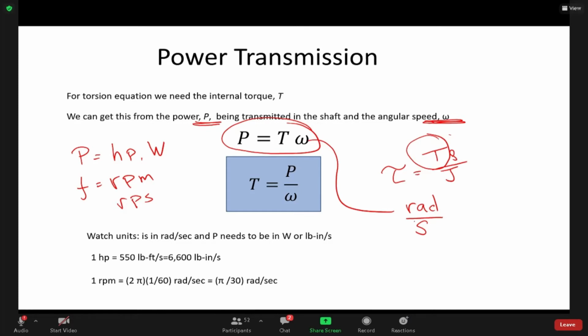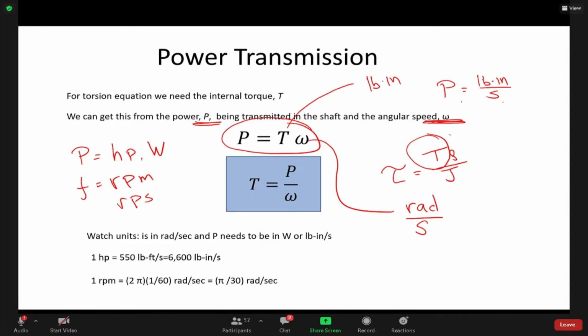And if the torque is in pound-inches, then the unit of power you would expect wouldn't be horsepower, but pound-inch per second. So we have to be a little bit careful about the units.